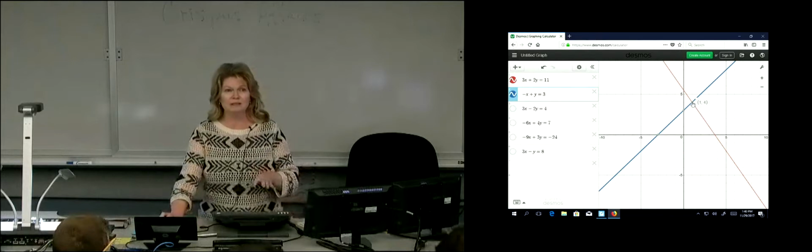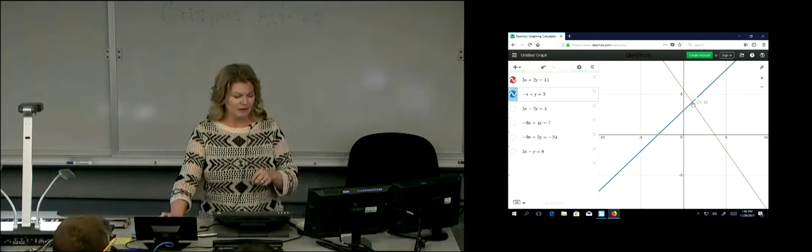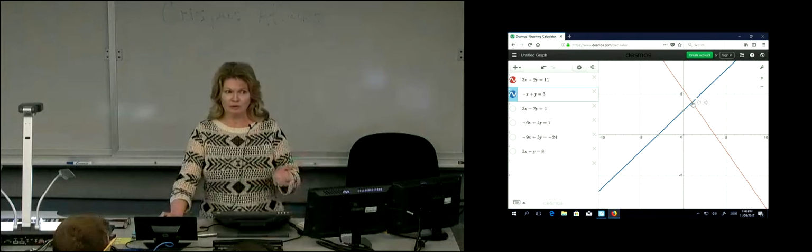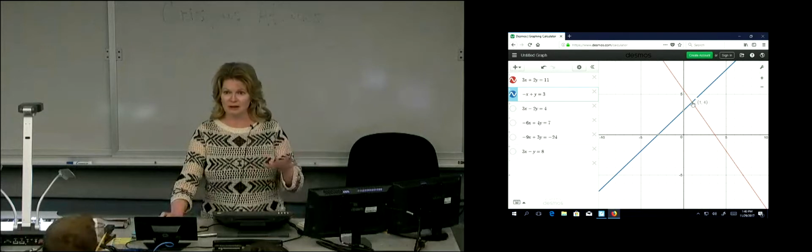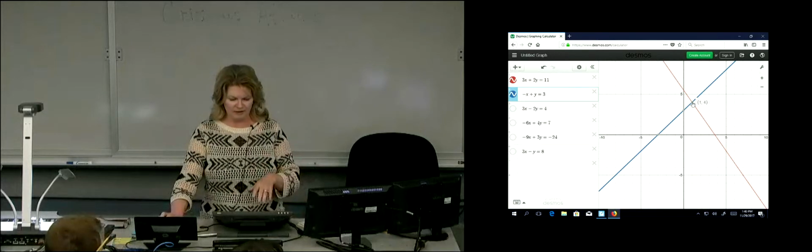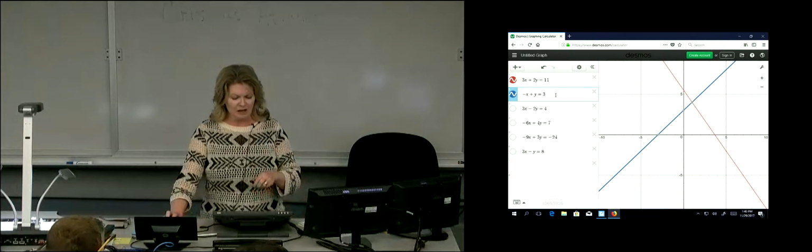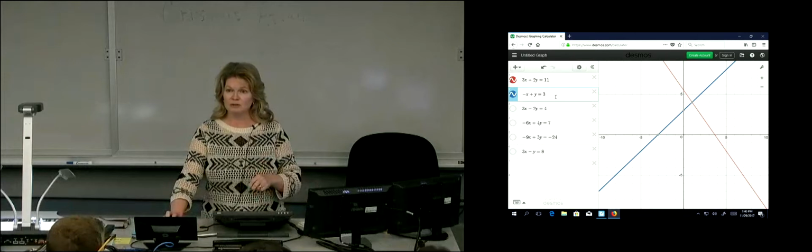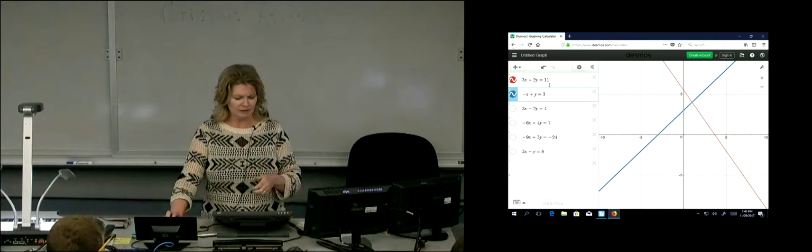So I went into Desmos.com, which maybe you're familiar with, or if not, it's a great site to go to whenever you need to graph anything. I typed in the two equations we were using at the end of the last class: 3x plus 2y equals 11 and negative x plus y equals 3.